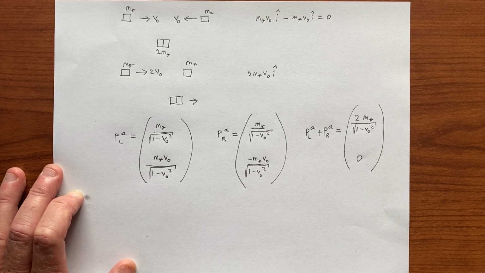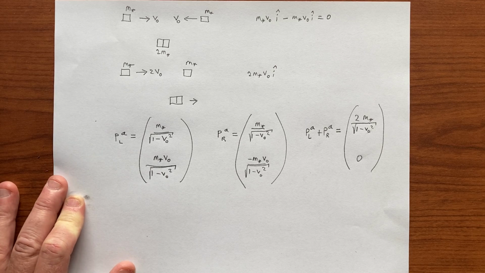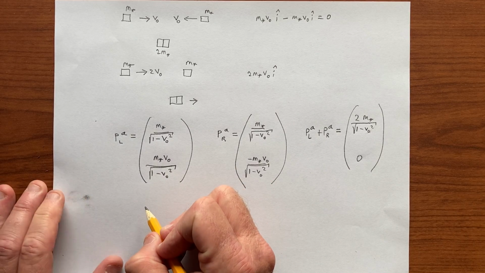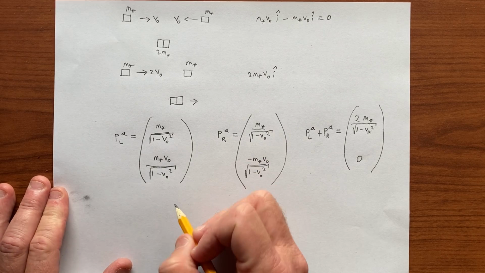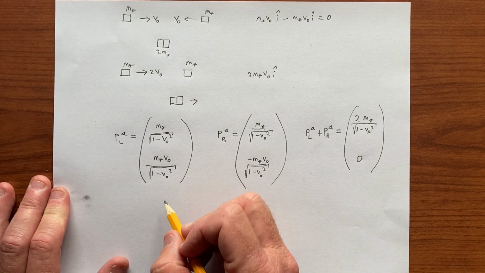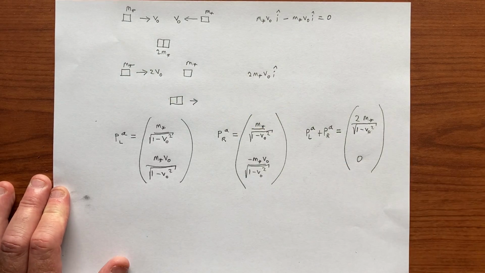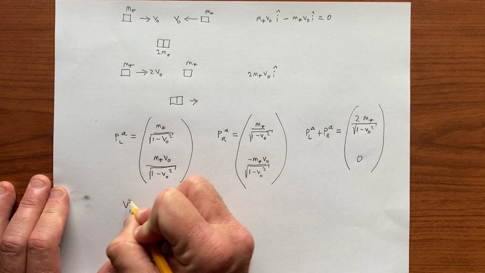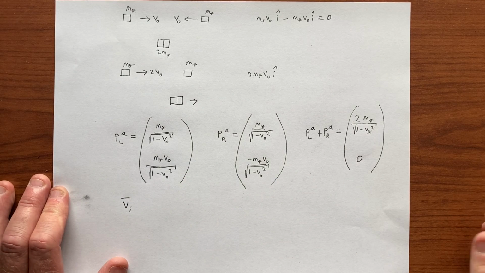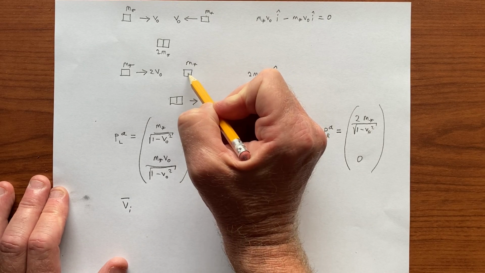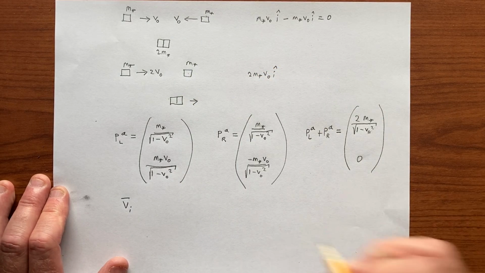Now let's look at this from the other perspective. If relativity holds, we do Lorentz transformations on the speed of this object, and we get something like v_I bar. We're looking at it from the perspective of the observer that's moving with this object, so this object appears at rest.